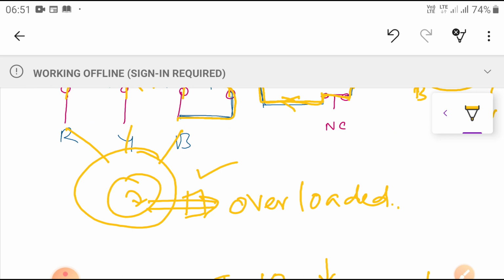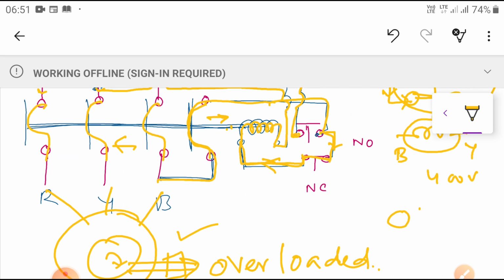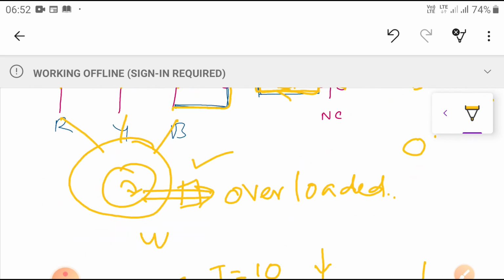So, in such a way we can provide the OLR, the overload release coil. Similarly, suppose I want low voltage protection. The motor is designed for 400 volts, 3 phase. Suppose the voltage, instead of 400, is reduced to 300 volts only due to some faults in distribution lines.